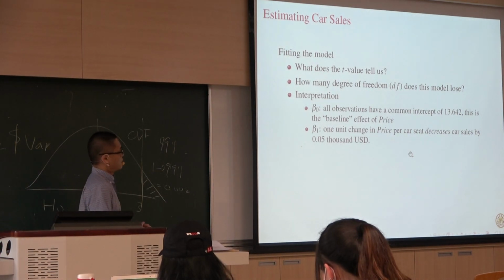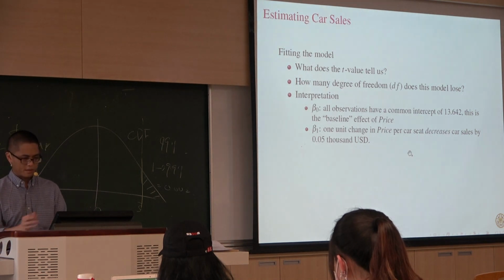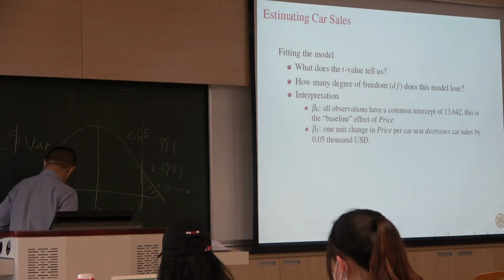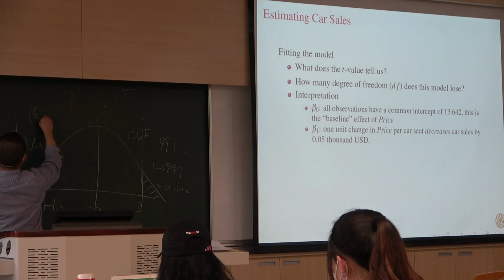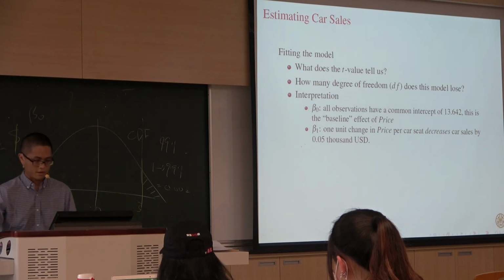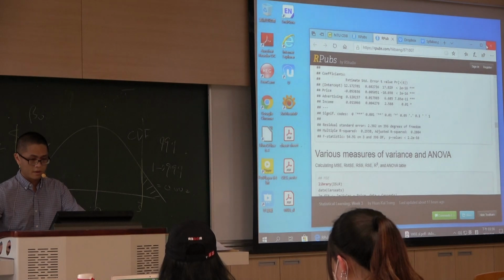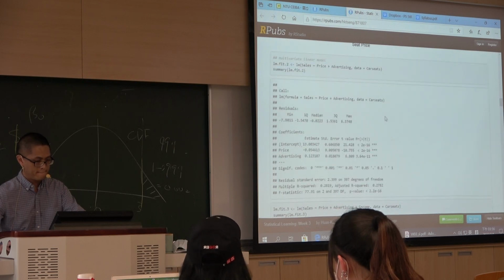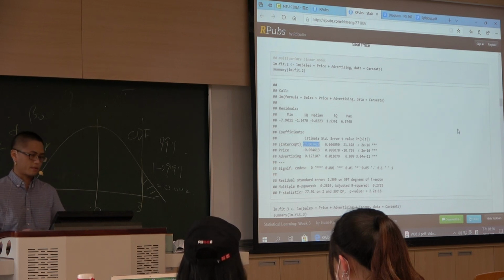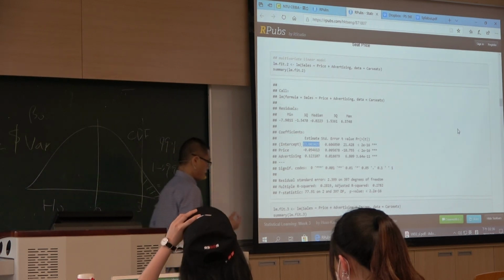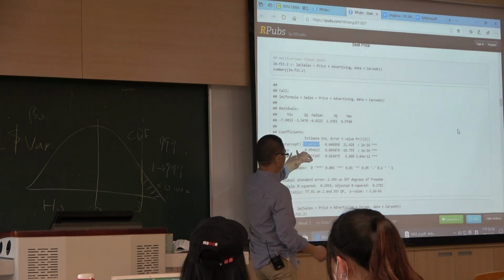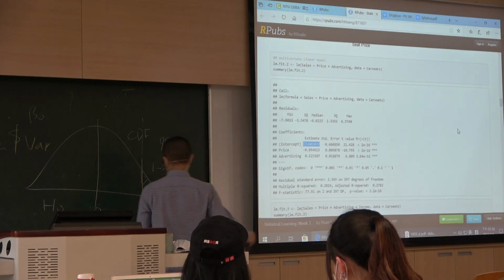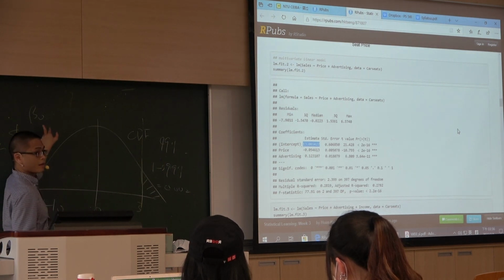And also, there's something that hasn't received much attention: the beta zero here, commonly called the common intercept. If you look at the R output alone, you'll say, what is this? I never recognized this. Well, that's your beta zero, right?